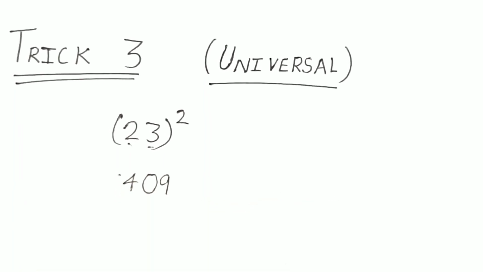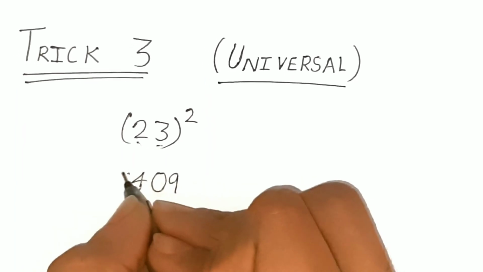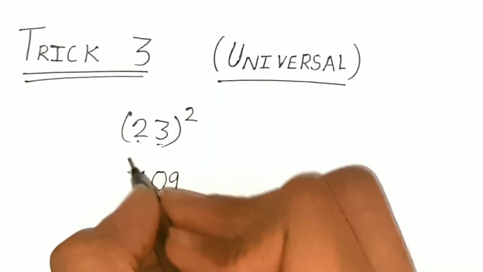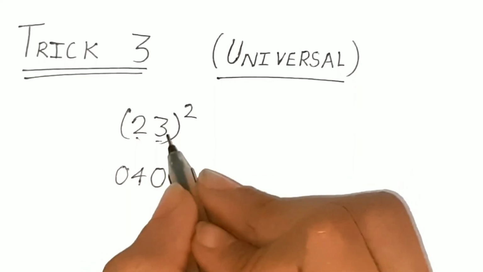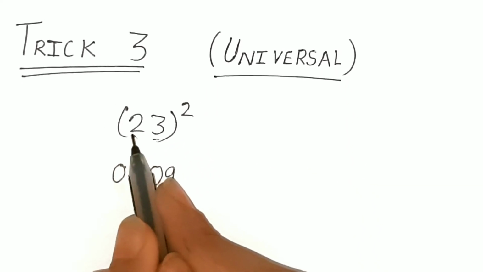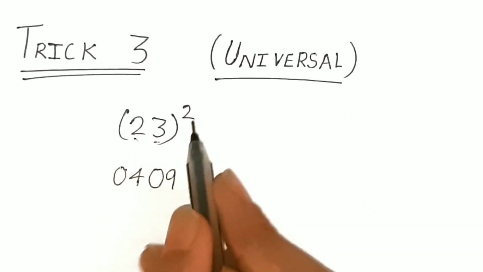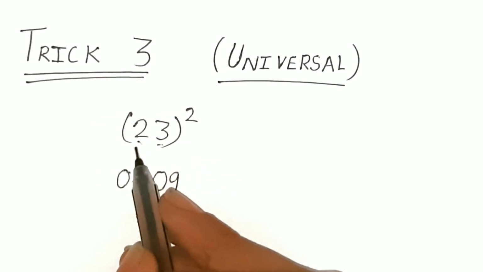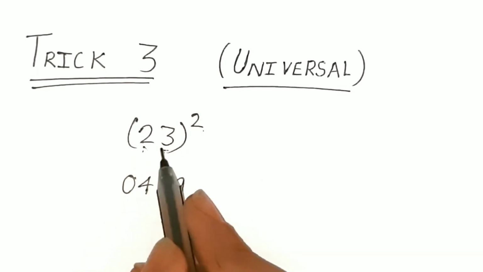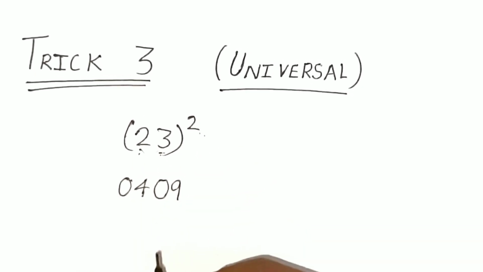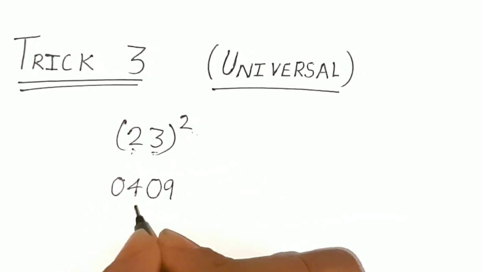Now it doesn't matter if you add a 0 in front of 4 or not, because it would still remain 409. It's not required. So now you will multiply all the numbers that are visible. That means you'll do 2 into 3 into 2 as it is raised to 2. So 2 into 3 into 2, that is 12.